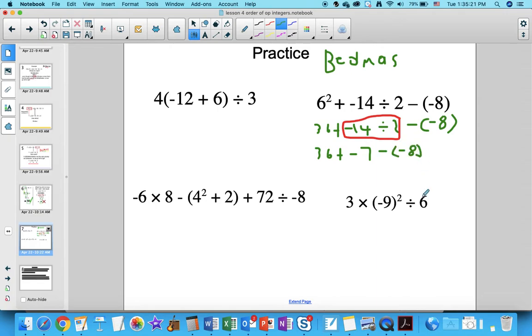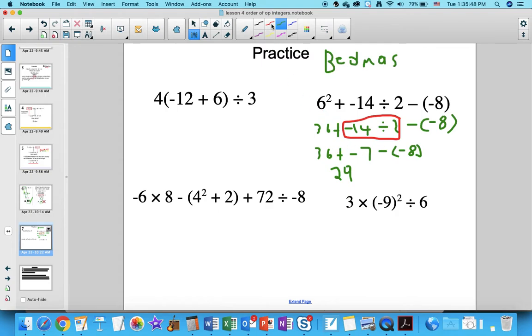Okay, now I have addition and subtraction. Well, if I have addition and subtraction, and that's all I have left, I go left to right. 36 plus negative 7. So I'm adding negatives to a positive, so my number is going to go down, even though I'm adding. So I get 29.